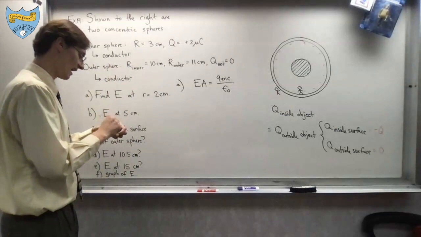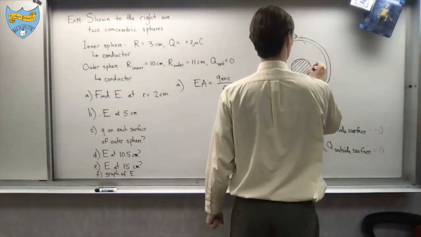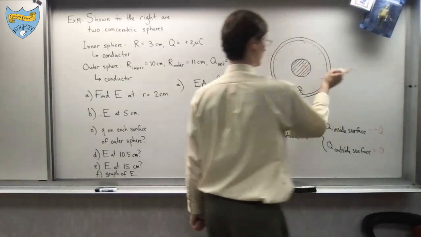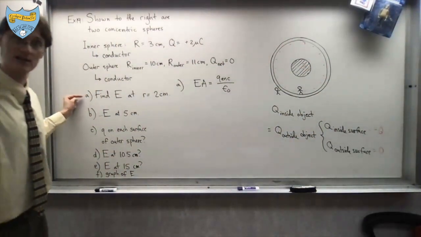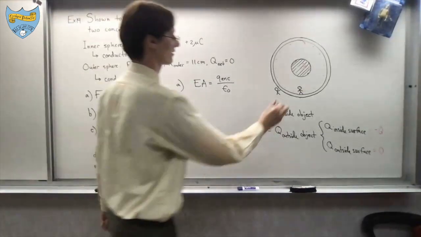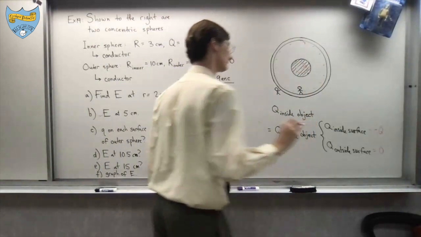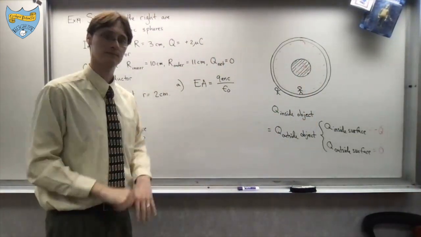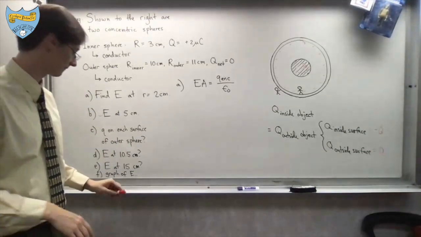If you can't figure out the enclosed charge, then you're in big trouble. All right, so it says the inside object has a radius of 3 centimeters. There it is, 3 centimeters. We're supposed to find the electric field at a distance of 2 centimeters from the center. And furthermore, the inner sphere is a conductor.